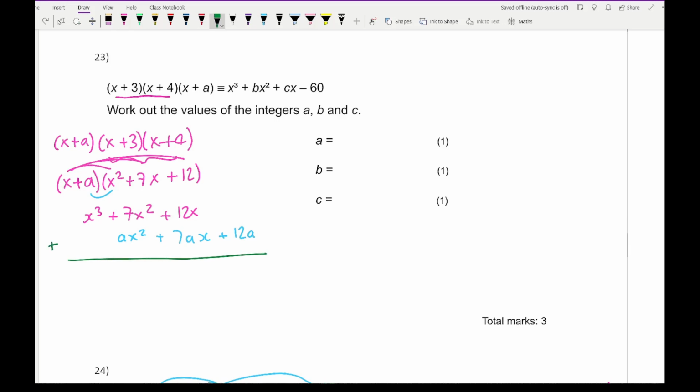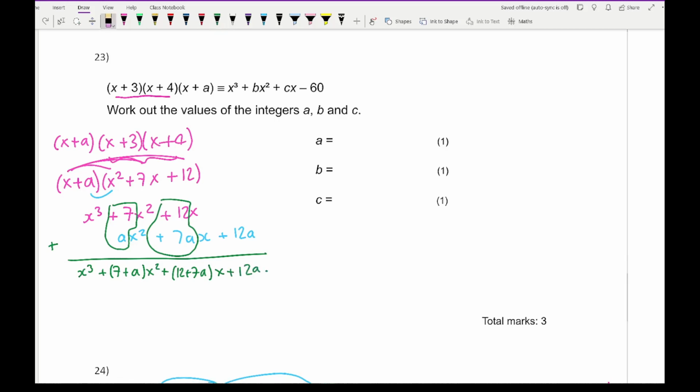Now I'm going to write x cubed, and then join these as a bracket. So here I've got plus 7 plus a x squared, plus 12 plus 7a x plus 12a.